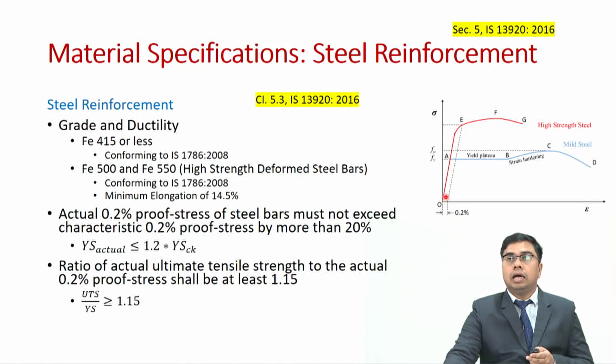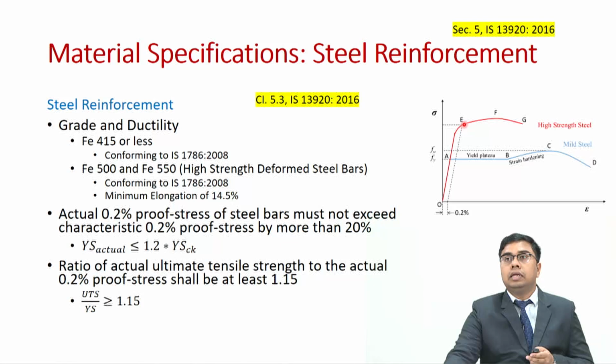Since for high strength steel we do not have a well defined yield point, we define the yield point to be at 0.2% proof stress. So, from the strain value of 0.2%, you draw a line parallel to the initial slope of the stress strain curve.